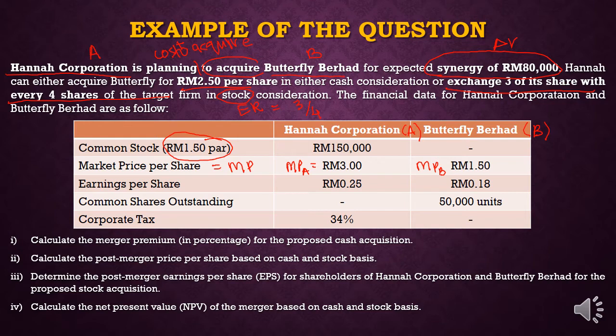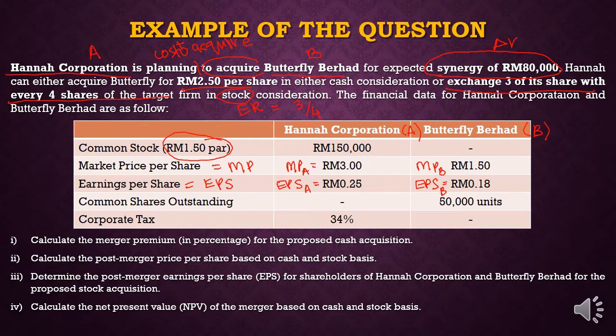The third information is earning per share, which is EPS. EPS for Hana Corporation, EPS A, equals 25 cents, and earning per share for Butterfly, EPS B, equals 18 cents.